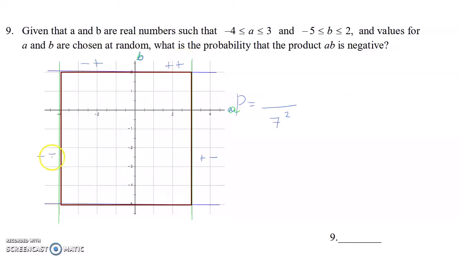Just like when we multiply two negative numbers together, the product is positive. The only way we would get a negative product is if one sign is opposite the other. So I'm looking in this region here, and in this region here.